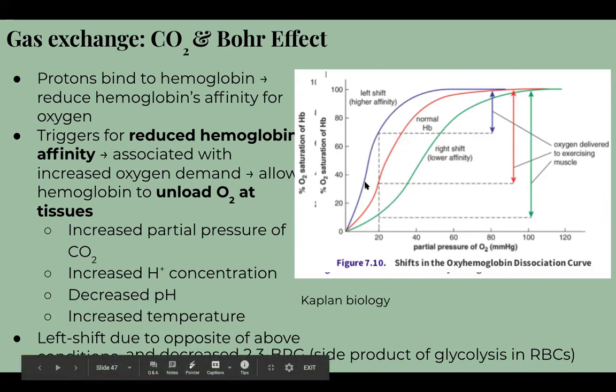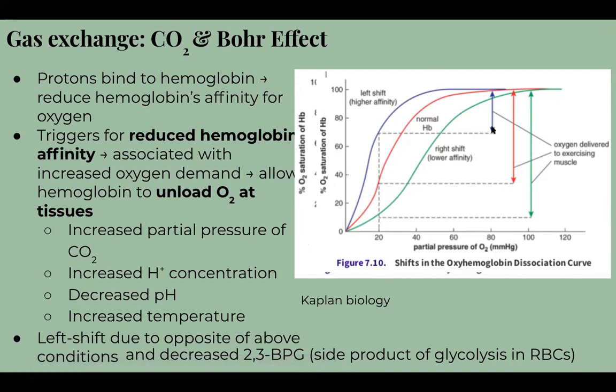And on a graph like this, you'll see that in the form of a rightward shift of the hemoglobin dissociation curve. So here's your hemoglobin curve under normal conditions, and then the rightward shift.